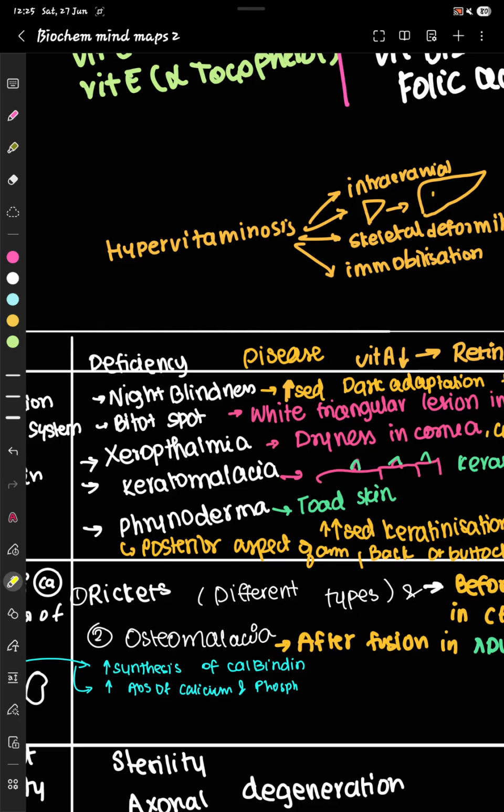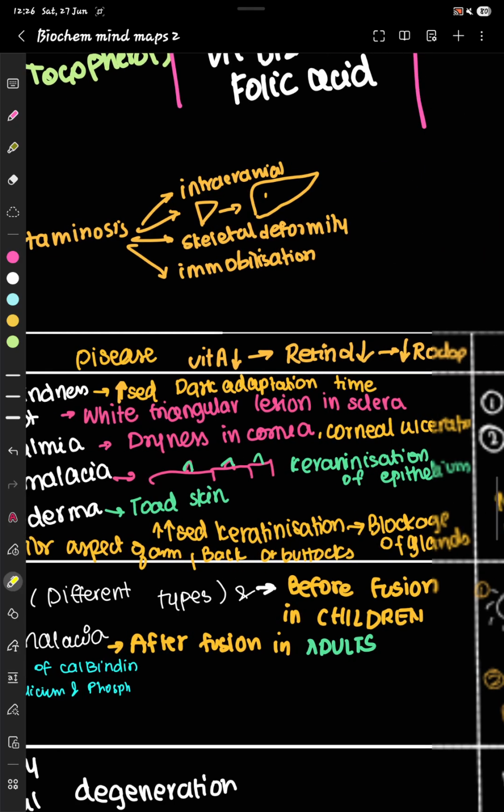Bitot spot is a white triangular patchy lesion on the conjunctiva. There is a white triangular patch on the conjunctiva, and it is a foamy lesion. That is again because of vitamin A deficiency.